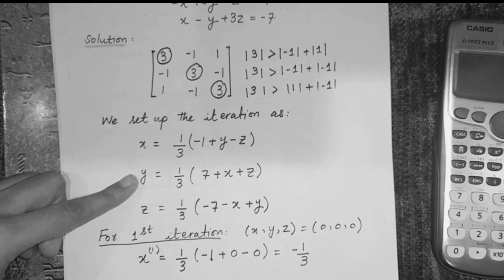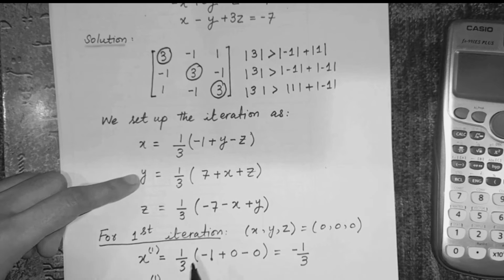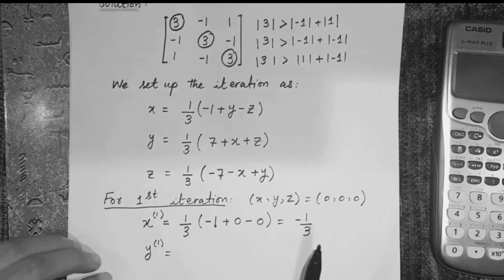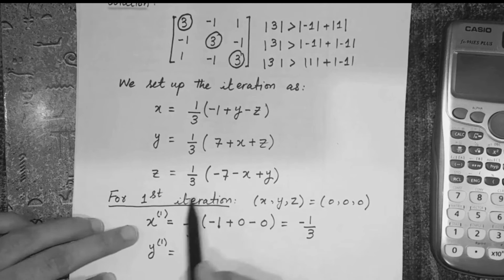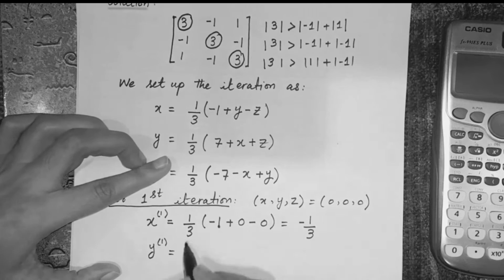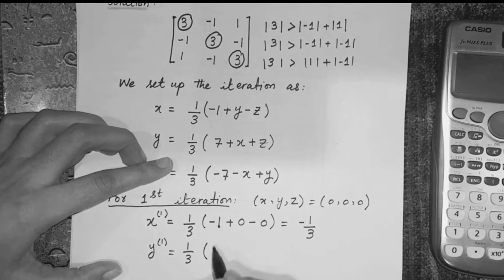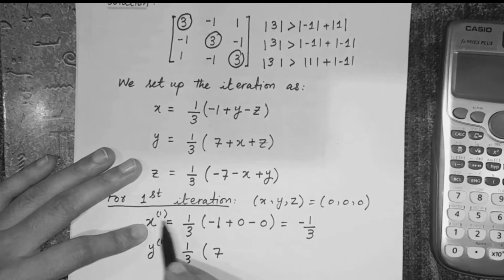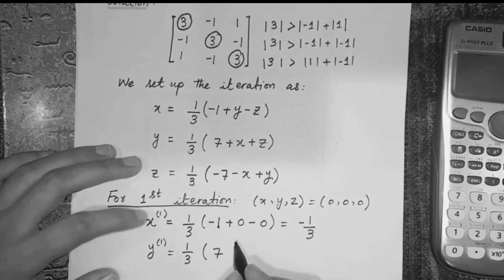Now for the value of y, you have to pay a bit of attention here. In the Gauss-Seidel method we put the previous value of x that we just calculated, which is x1. So in this, as 1 over 3 of 7 plus x, as we just calculated x, we put this value of x here, not 0.